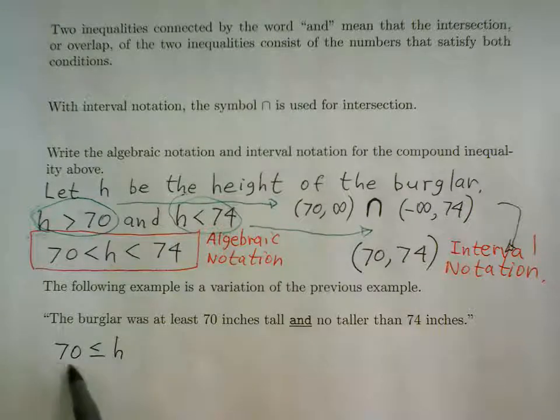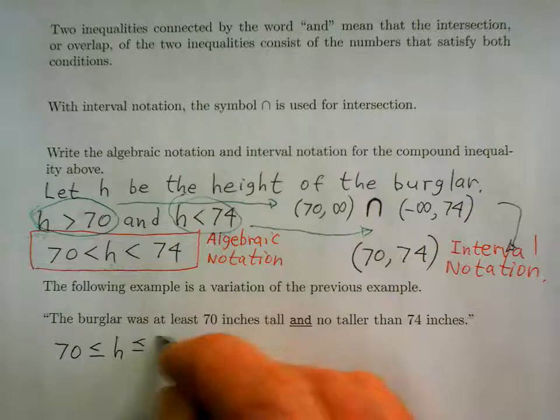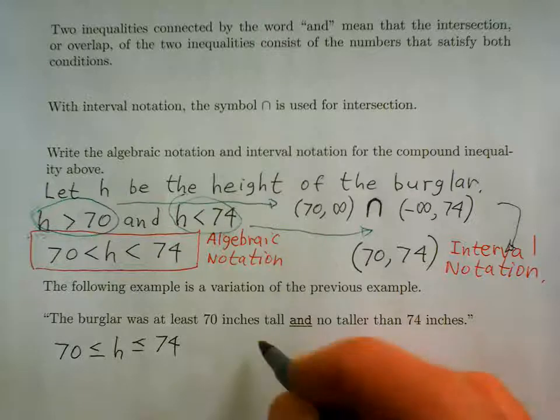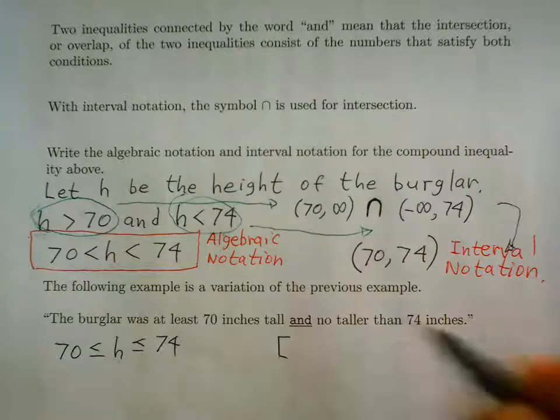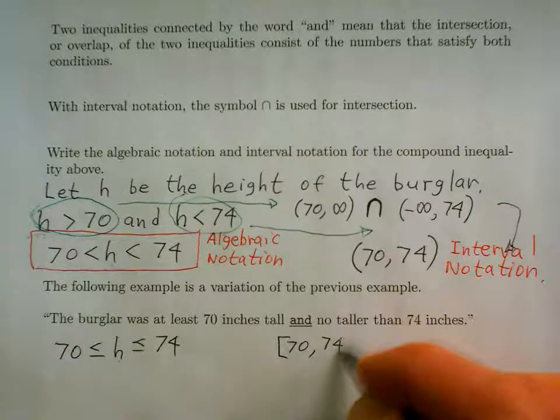So on this one, we would write 70 is less than or equal to the height h, and at the same time, the height is less than or equal to 74. This is the algebraic notation, and for the interval notation, we would put bracket 70, comma 74 bracket.